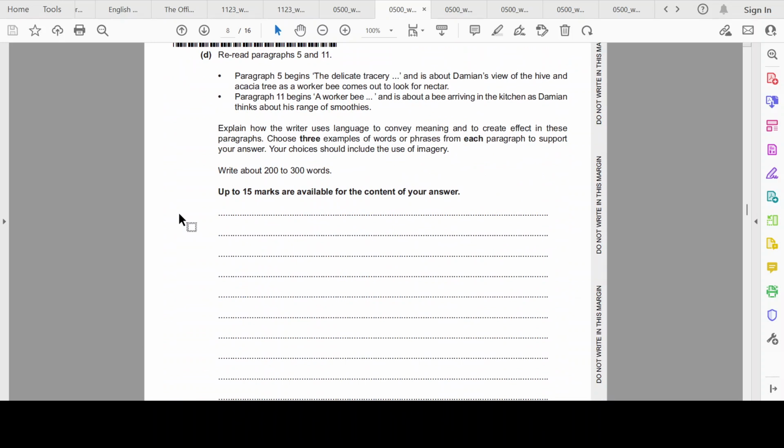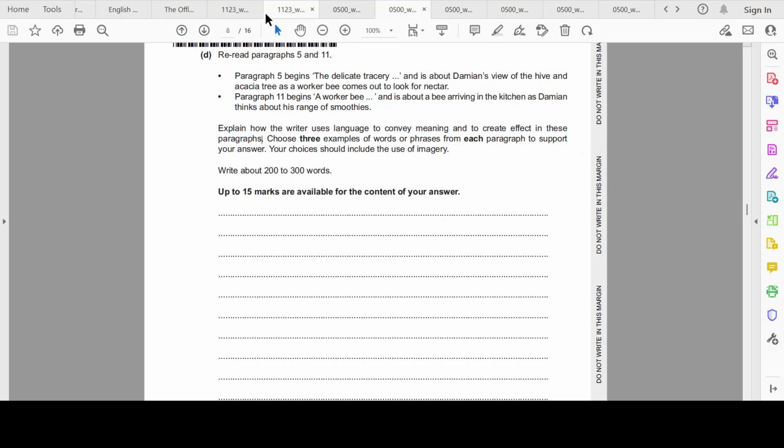Moving on, this can help. This is not something we have, but it can help us with our practice for writer's craft and implicit meaning. So they're giving you 2 paragraphs to focus on from text C, paragraphs 5 and 11, and they tell you which ones those are. And then they're asking you to explain how the writer uses language to convey meaning and create effect in these paragraphs.